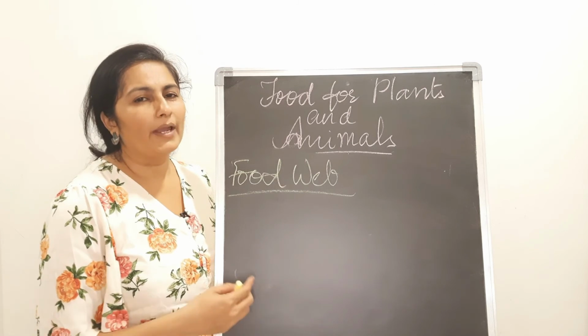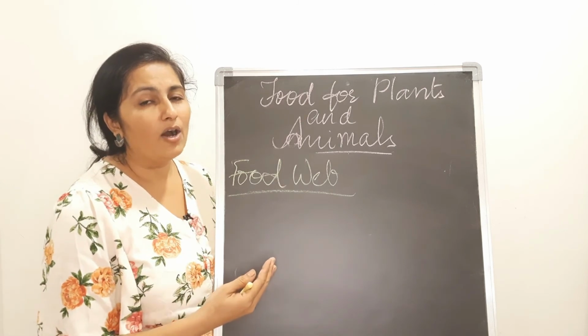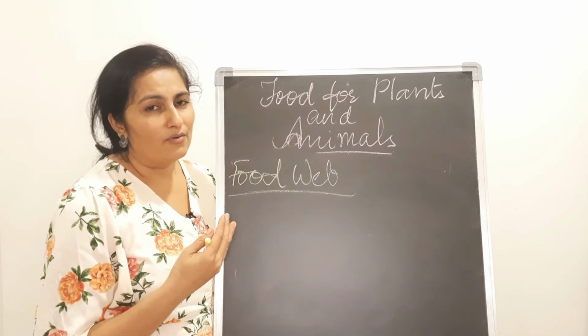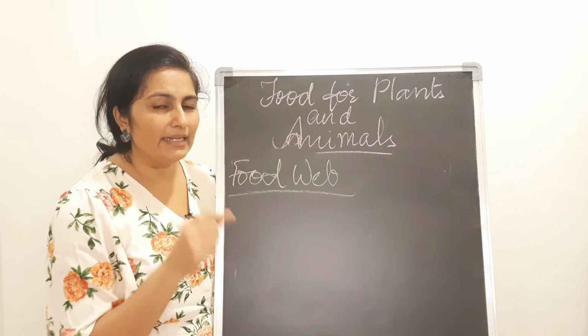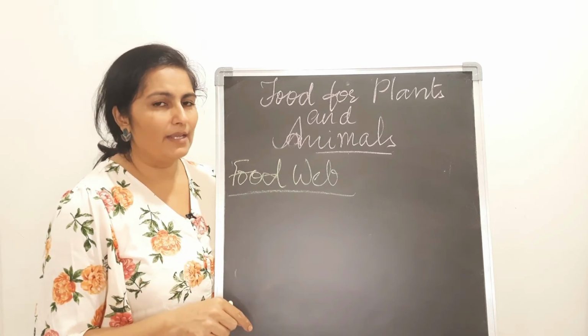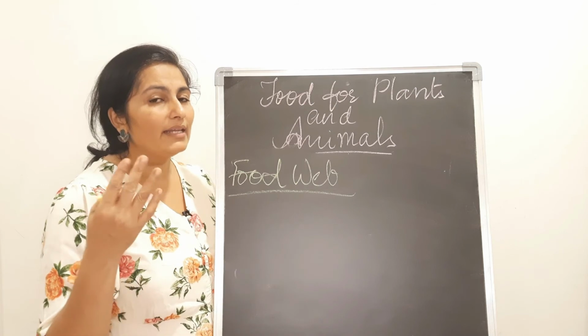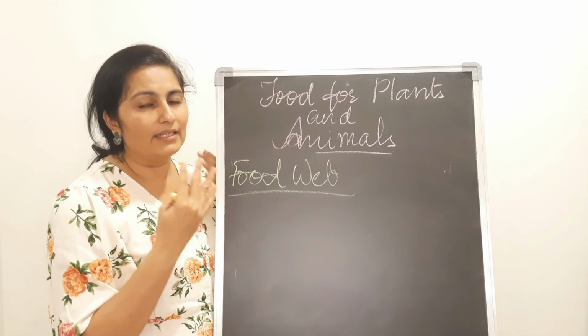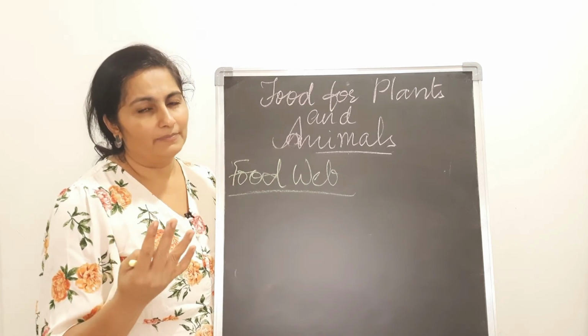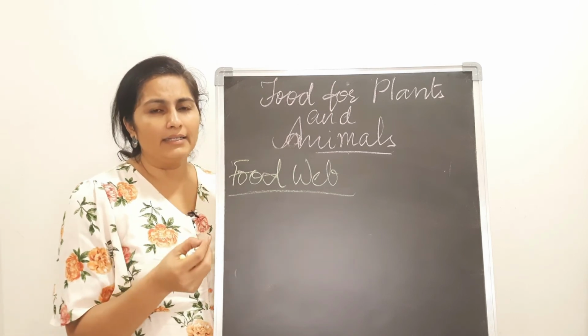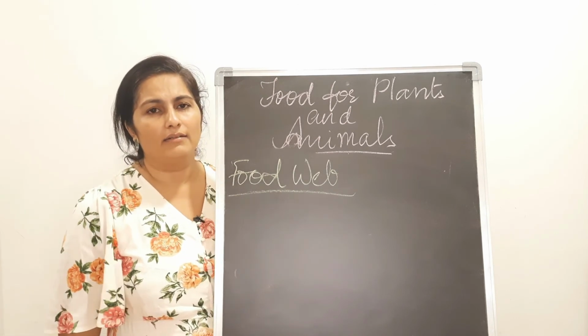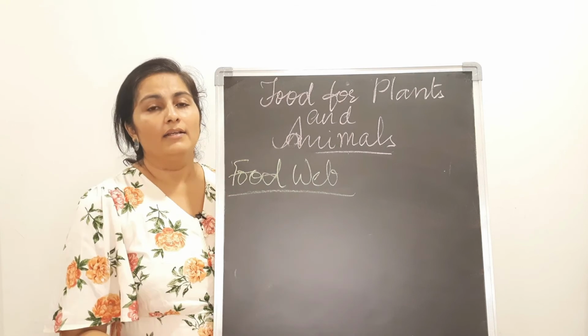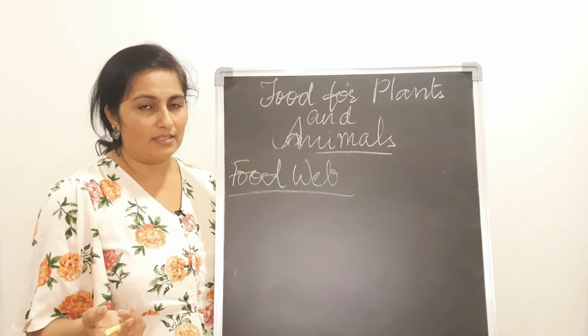Food web is when there is a network of such food chains. You saw 3 individual food chains just now in page number 132. Now when they are all interlinked, they are called as a food web. For example, a lion does not just eat the deer, right? The lion will eat a rabbit and other small animals.